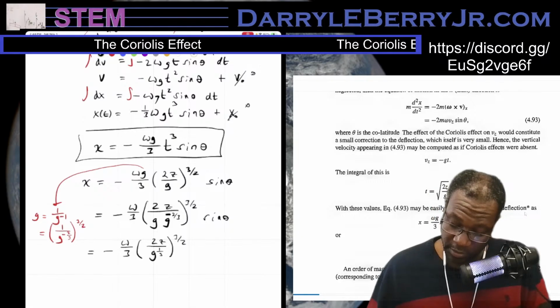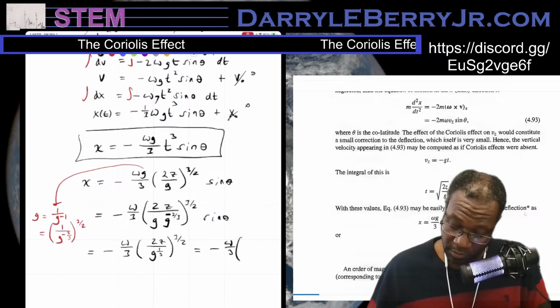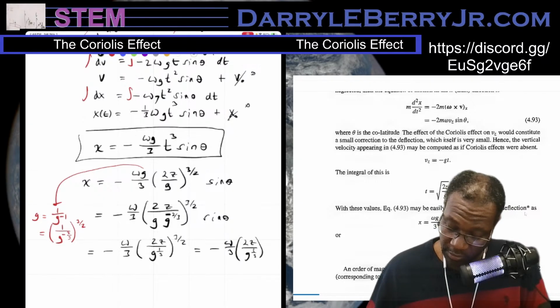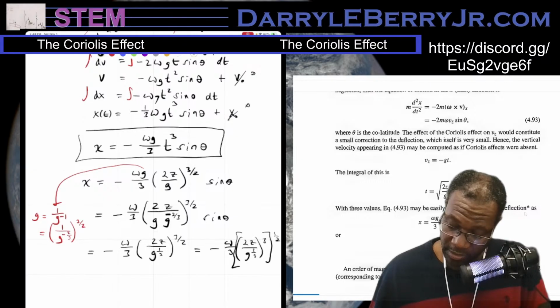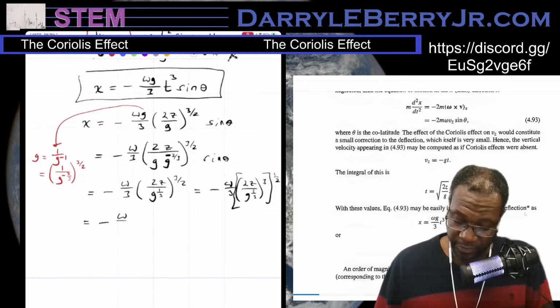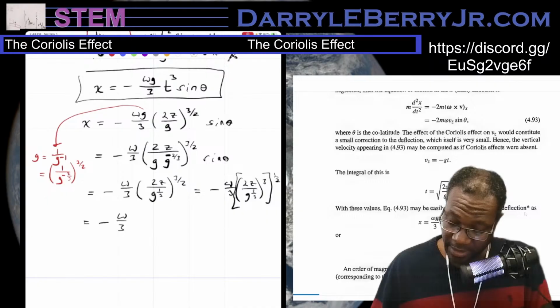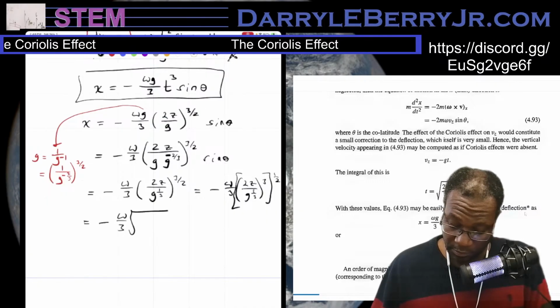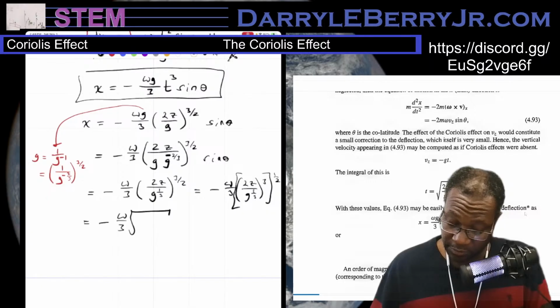And this is the same thing as negative omega over 3 times 2z over g to the 1/3, cubed, to the 1/2. So this becomes negative omega over 3, and now the 1/2 is a square root.